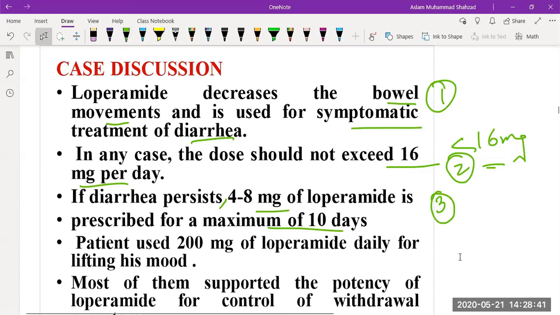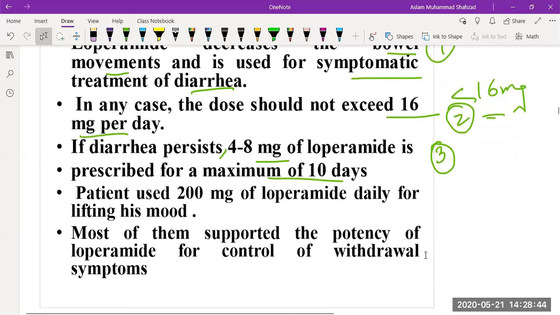I mentioned that a patient who uses 200 milligrams usually does so for lifting the mood, for elevation of mood, and this is drug misuse. The researchers also found that if a person is abusing heroin, codeine or morphine, some researchers support the evidence of using loperamide to control the withdrawal symptoms, because it also lifts the mood.